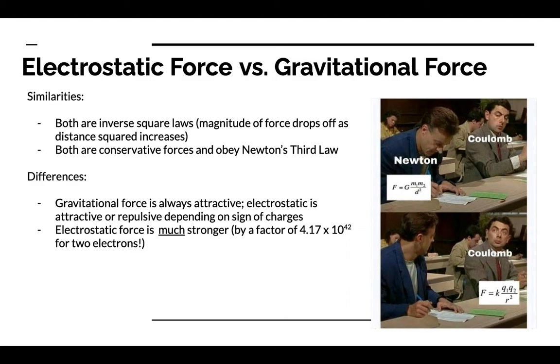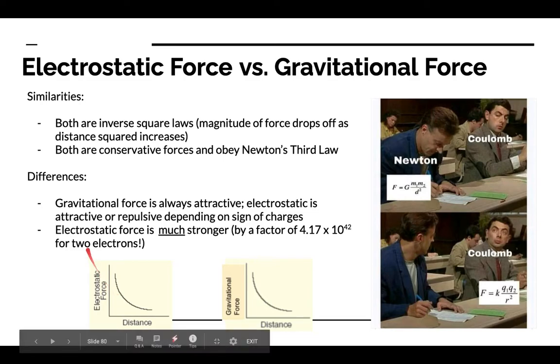But if you put some charge on the PVC pipe and bring it close to water, now the water will bend. Hence, that's evidence that the electrostatic force is much, much stronger than the gravitational force. Both have that inverse relationship of dropping off as distance increases.